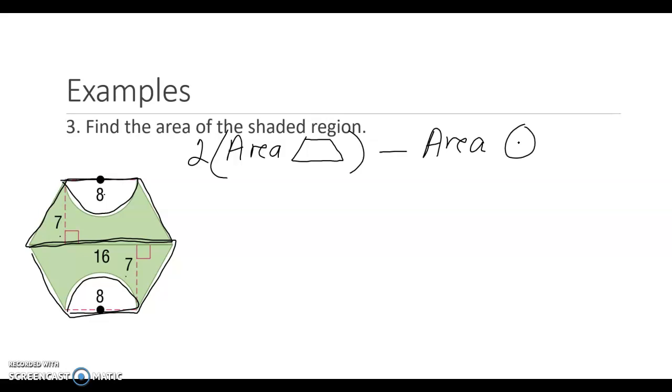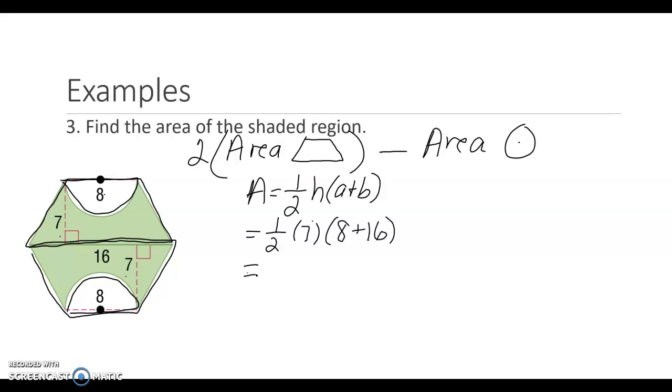Okay, so area of a trapezoid is 1/2 height times the sum of the bases. So that's going to be 1/2. The height is 7 because that's the perpendicular part shown. And each base, those are the parallel parts, 8 plus 16.